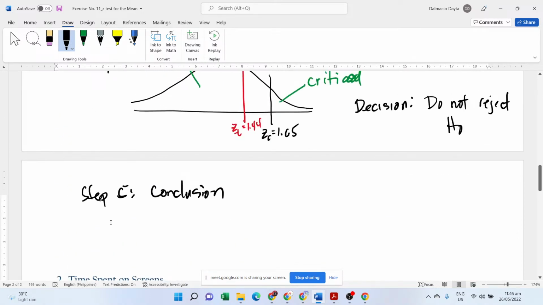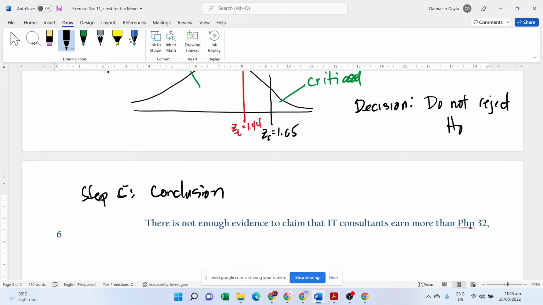Meron ba sa inyo nag-try ng conclusion? This is how you state your conclusion. If you watch the video lesson, there is not enough evidence to claim, ayun kasi yung claim eh, that IT consultants earn more than, how much is that? 32,695 per month.